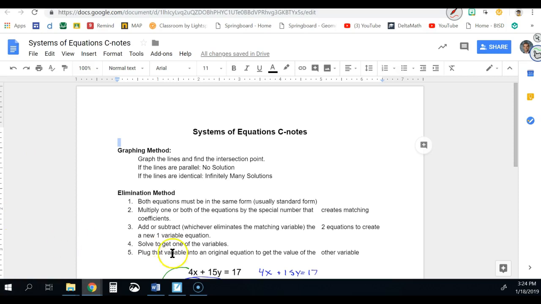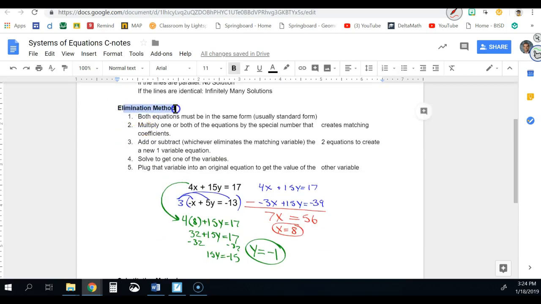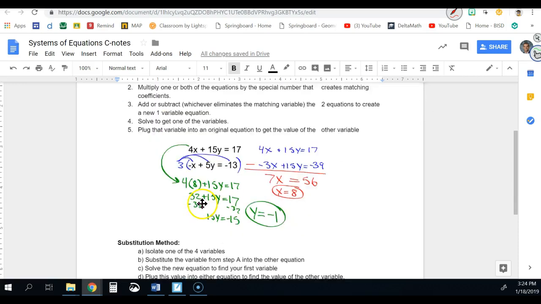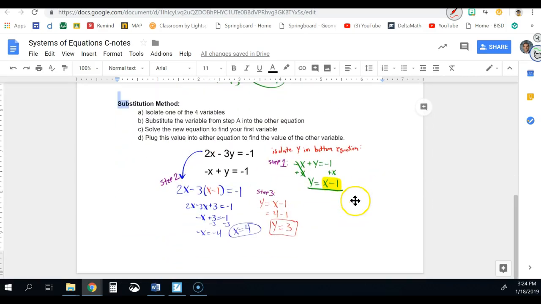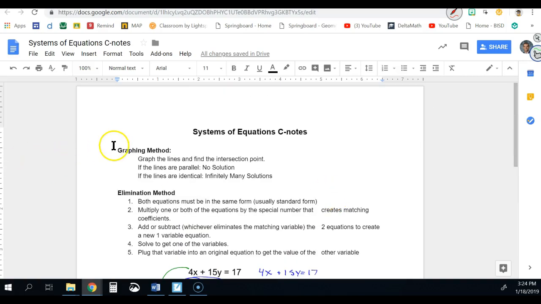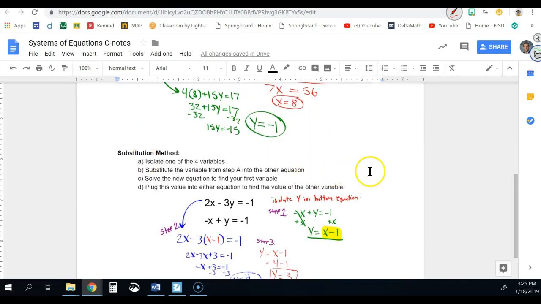They just remind you how to solve using all three methods: the graphing method, the elimination method, steps, and an example, and the substitution method, the steps with an example. So you're adding these on to your graphing Cornell notes. We took those in class last week. Add the 2 new methods on there and have that next Friday for the test. Good luck.